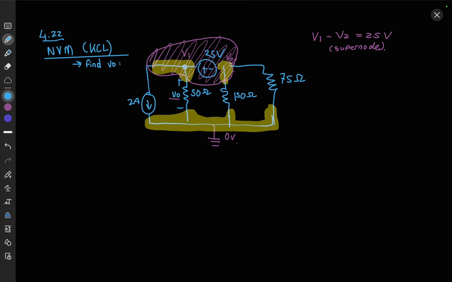Yeah, so let's start. We're going to write our equation down, which is going to use Kirchhoff's current law. The node voltage method is based upon Kirchhoff's current law, which means the sum of all the currents going into the node is equal to the sum of the currents all going out of the node.